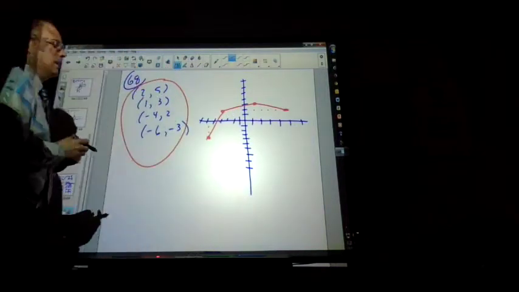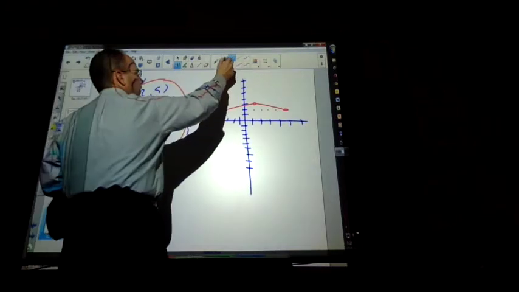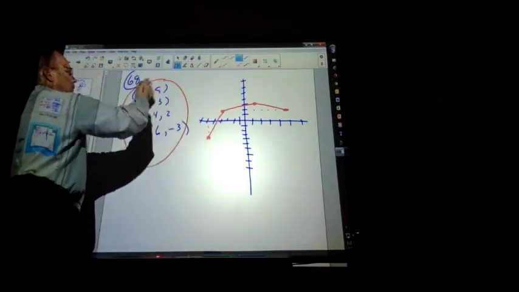So they're claiming we can easily find the inverse of this. So I'm going to plot 5, 2.